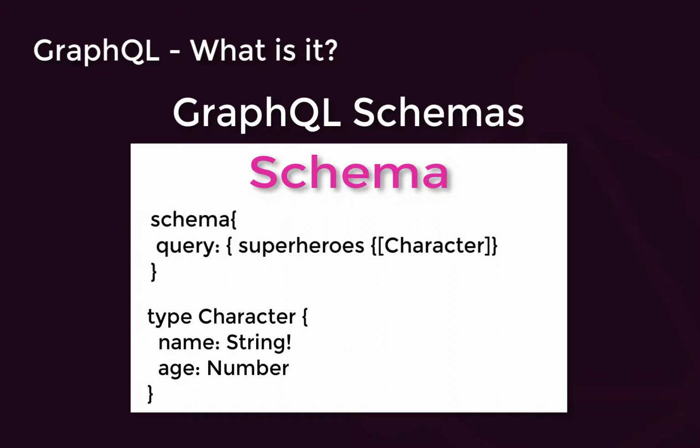In other words, null values are not supported and not allowed for the name field. The second field, named age, will contain numeric values. Since there's no exclamation point here, values for ages are allowed to be missing or null.